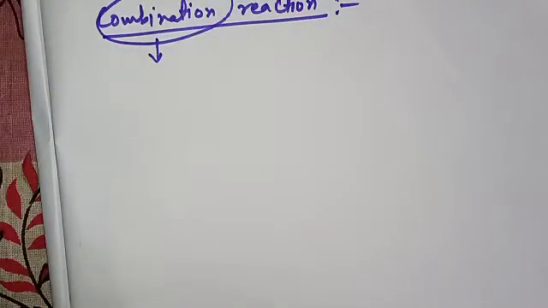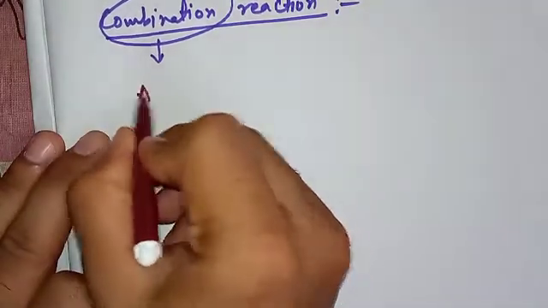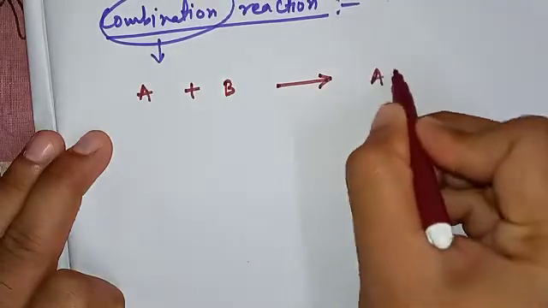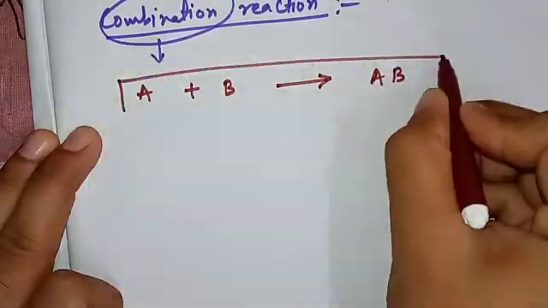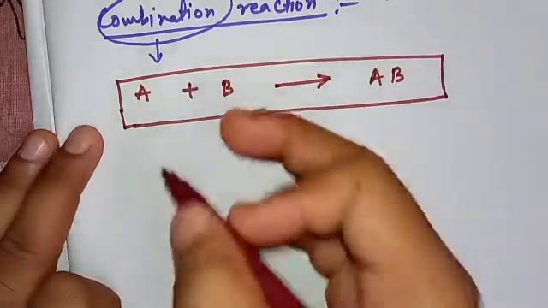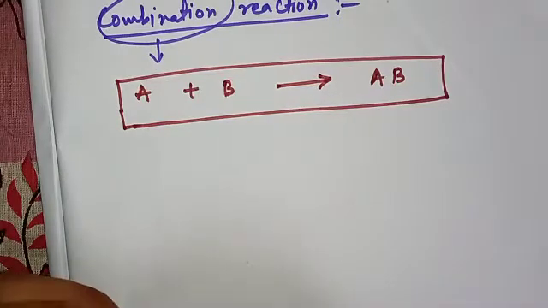So the basic structure of this reaction, this is the main point, okay? You have to keep the basic structure of the reactions in your head. So A plus B combine to give AB. This is what the basic structure of a combination reaction looks like. This is the formula or method by which a combination reaction takes place.